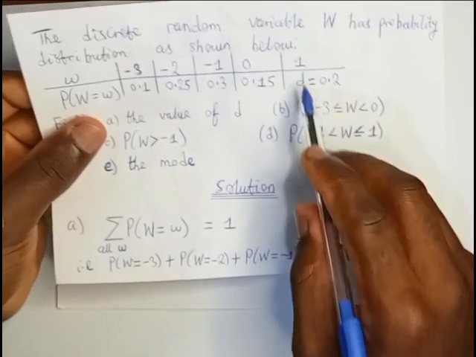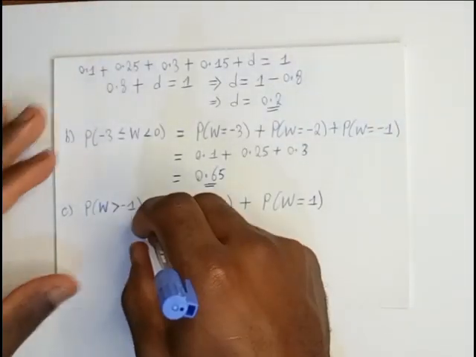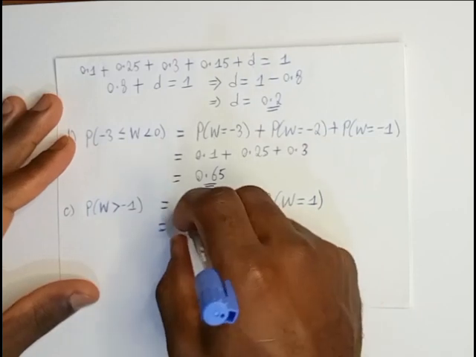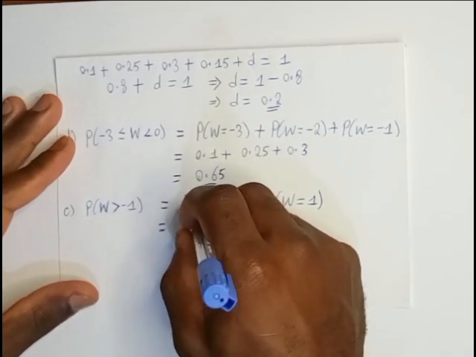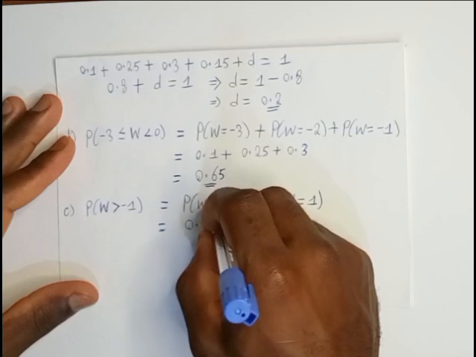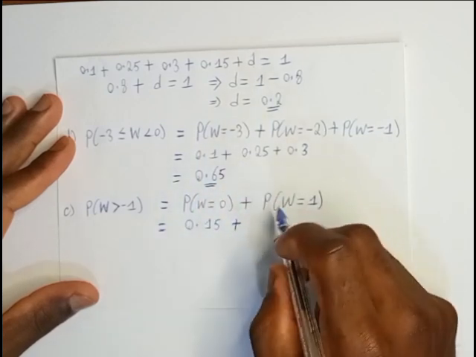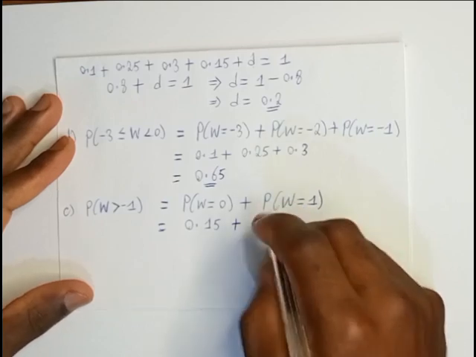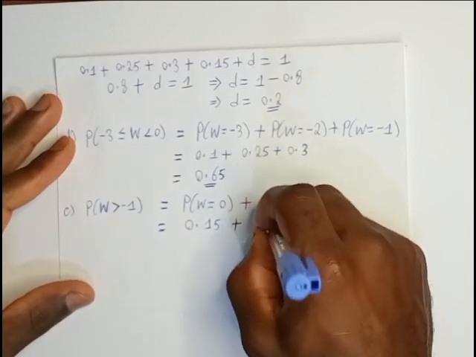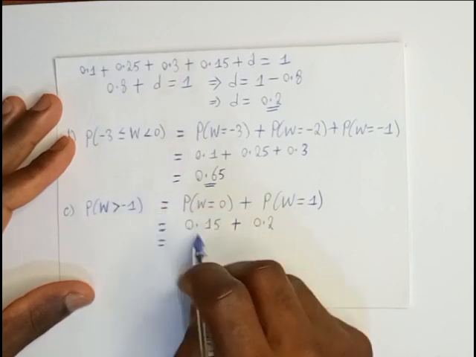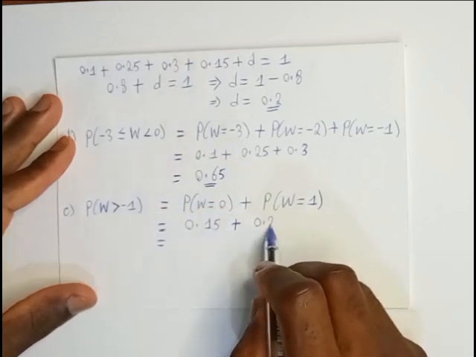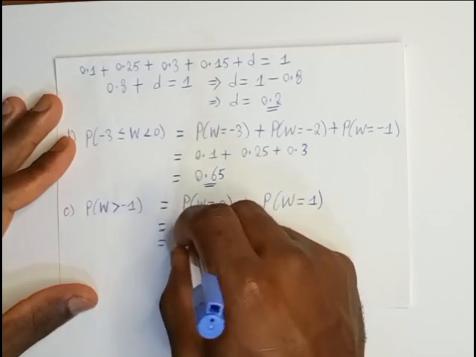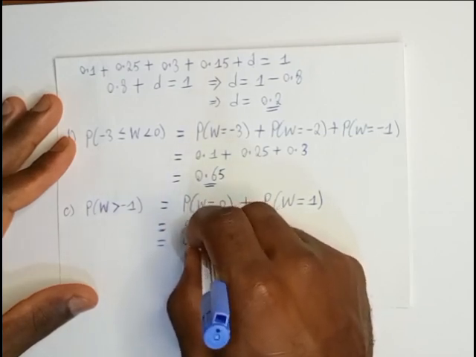We end at 1. This will simply be equal to P of W equal to 0 gives us 0.15 plus P of W equal to 1 gives us D, which is equal to 0.2. 0.15 plus 0.2 will give us 0.35.